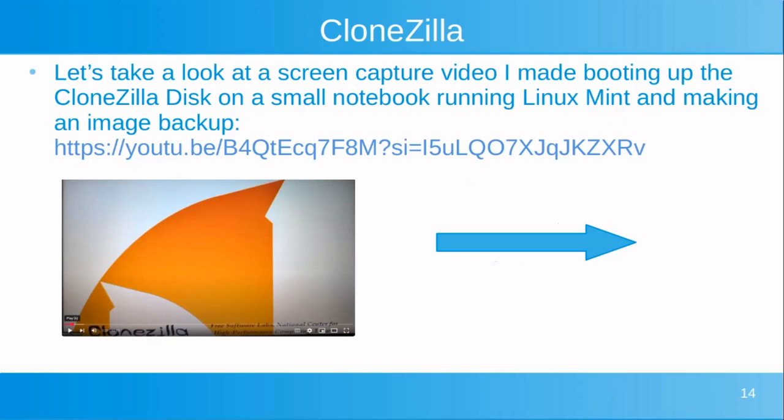So, having made my CloneZilla flash drive, I went back to the same notebook running Linux Mint and made an image backup. And now you have the pleasure of watching that.